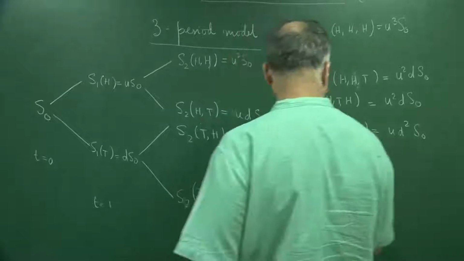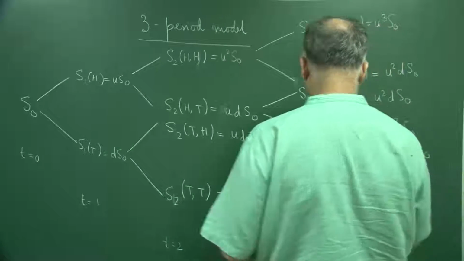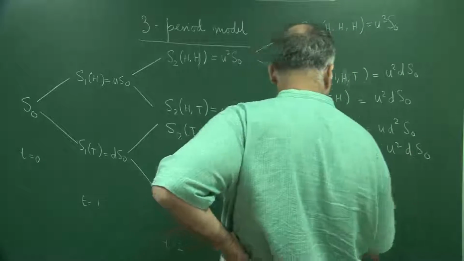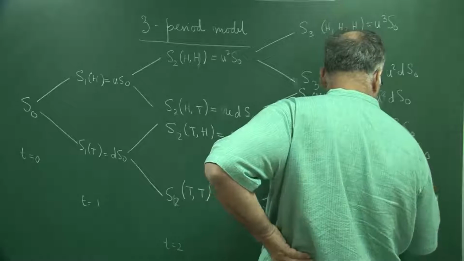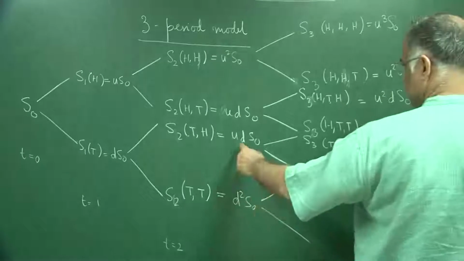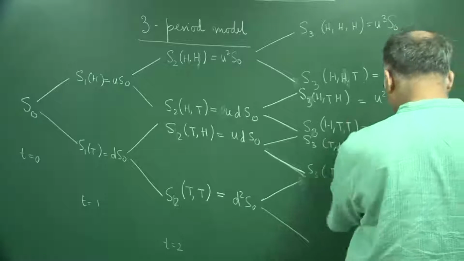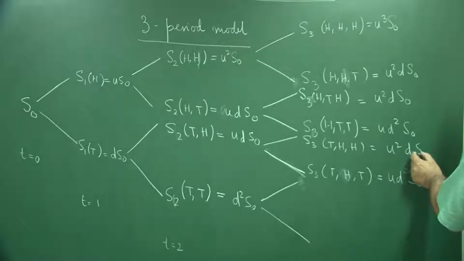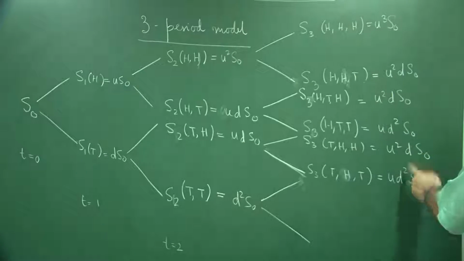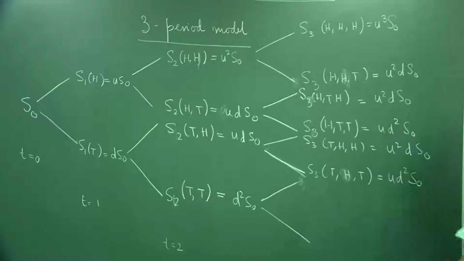So, this will again become U square D S0, and this will become U D square S0. So, this was U D S0, U D S0. So, here you go up, so you multiply by U, so U square D S0, here again U D square S0, you see, two tails, one head, they have the same values.